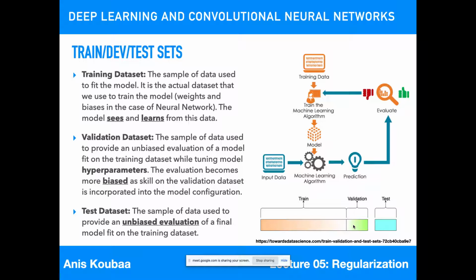It will not have any impact on the values of W and B that the classifier will find during the training. It's just another independent opinion for every set of W and B that is found during the training. And finally, the test dataset will be used similar to the validation, but after completing the whole training. The test dataset is intended to provide an unbiased evaluation of a final model fit on the training dataset.